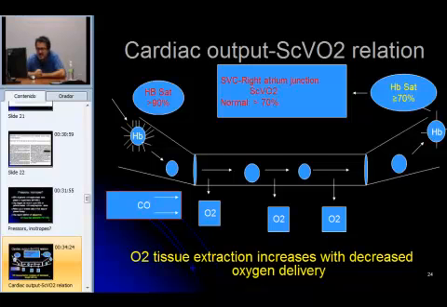That is a marker of decreased oxygen delivery to the tissues, meaning the tissue is extracting a lot of oxygen, and that's why the hemoglobin came back saturated only at 50% and not at 70%. That reflects a low cardiac output state. So you might be hurting that patient, and that patient might need an increase in cardiac output, and then you will increase dobutamine based on that.